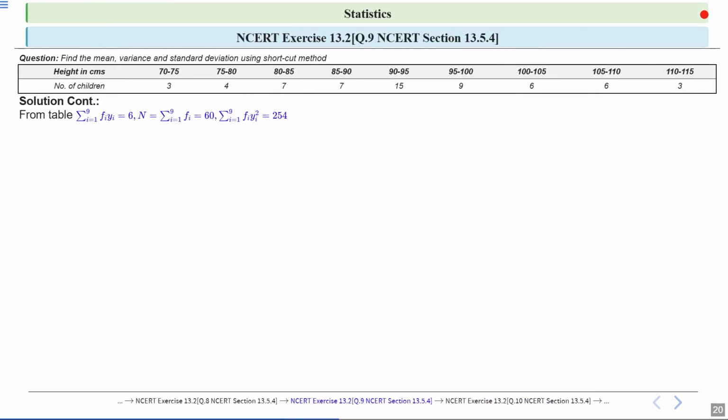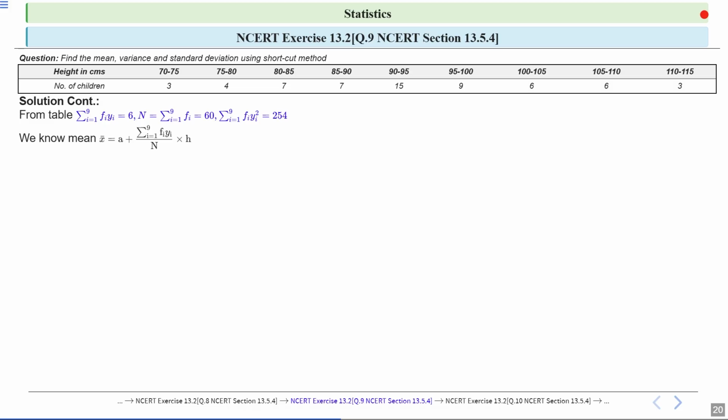From the table, we have some important calculated values. So we have summation from i equal to 1 to 9 of fi times yi is equal to 6, n equal to summation from i equal to 1 to 9 of fi is 60, and summation from i equal to 1 to 9 of fi times yi square is equal to 254.